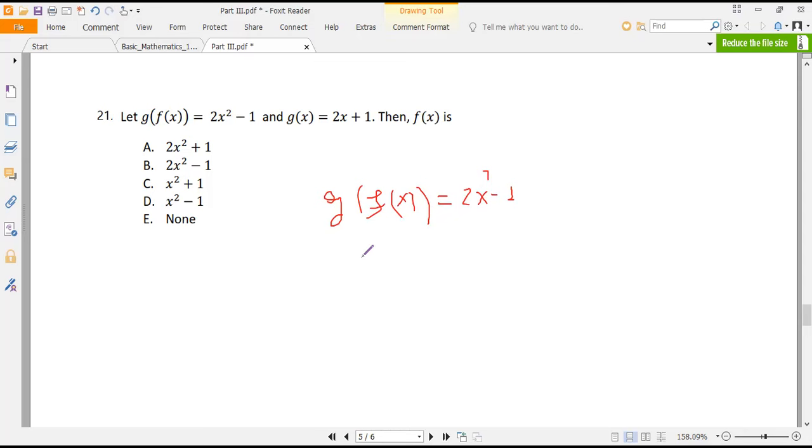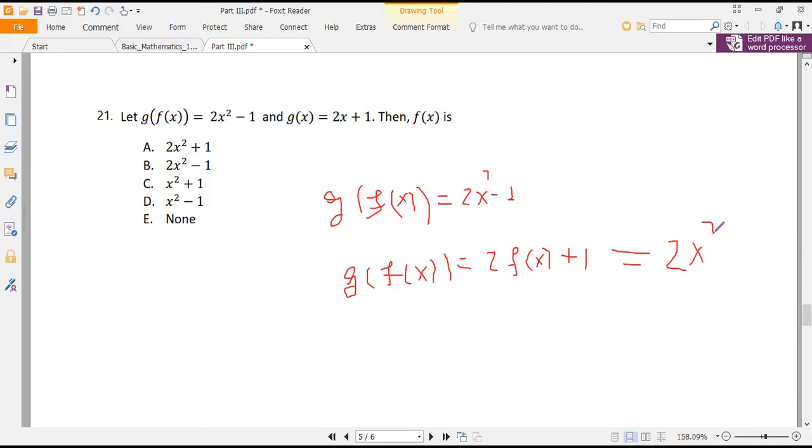So g of f of x is 2 times f of x plus 1, which is equal to 2x squared minus 1.